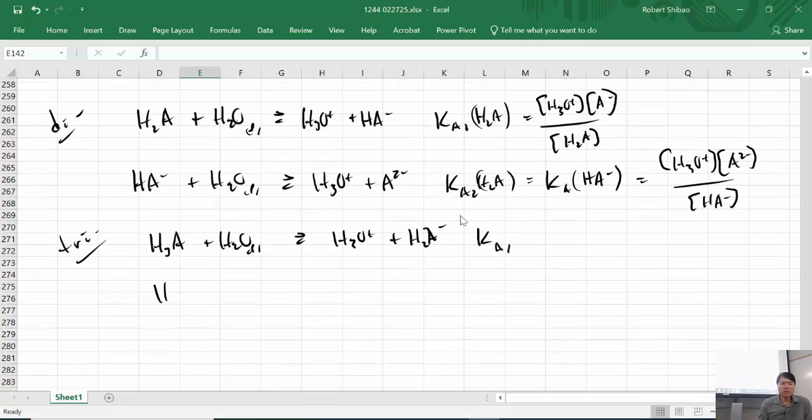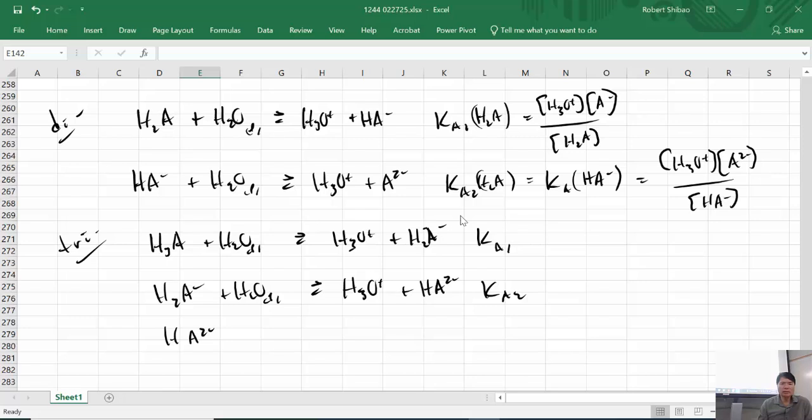Then H2A minus plus H2O liquid gives us hydronium plus HA2 minus. This is Ka2. And then finally HA2 minus plus H2O liquid gives us hydronium plus A3 minus. This is Ka3.